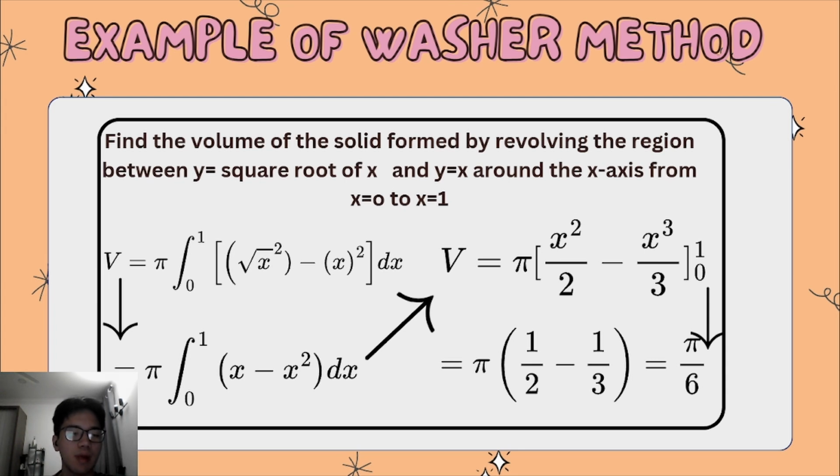The second step is pi times the integral from 0 to 1 of x minus x squared, dx. The third step is V equals pi times x squared over 2 minus x cubed over 3, evaluated from 0 to 1. And the last step is pi times the bracket 1 over 2 minus 1 over 3, which is equal to pi over 6.